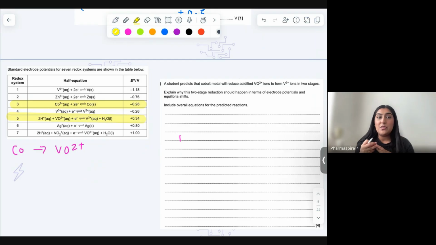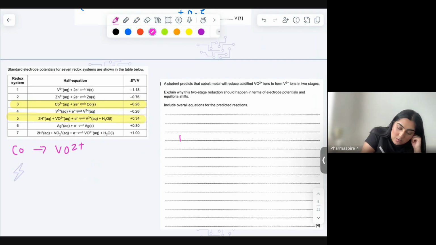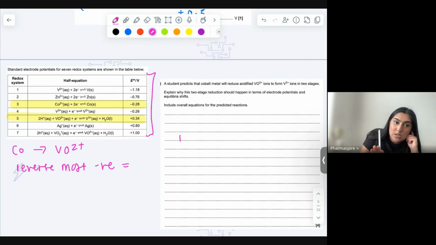Again, it should be 3, because you reverse the oxidizing one, which is the most negative. You need to reverse the most negative, because these are already in reduction states. That's what you need to get around your head. So we reverse the most negative.